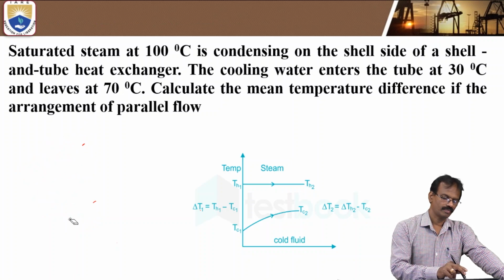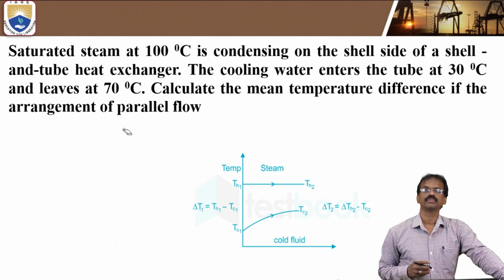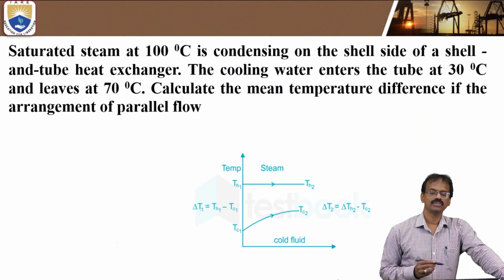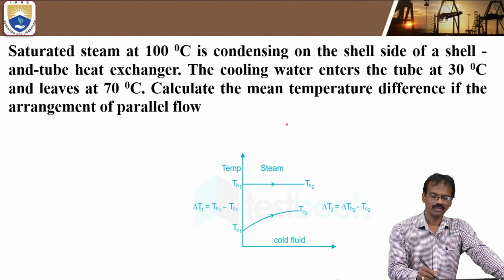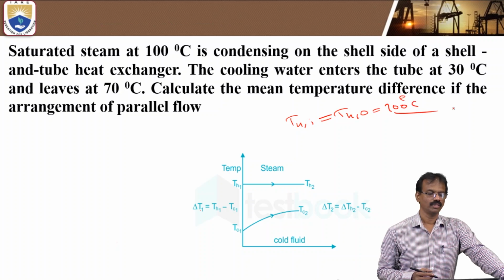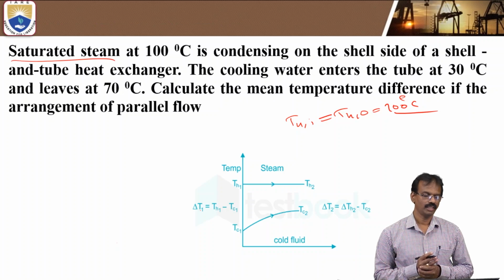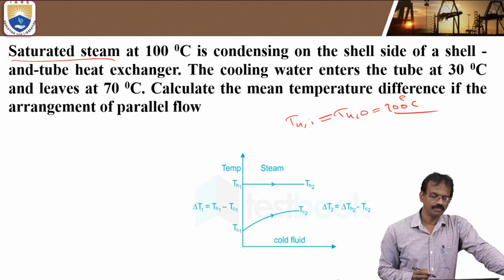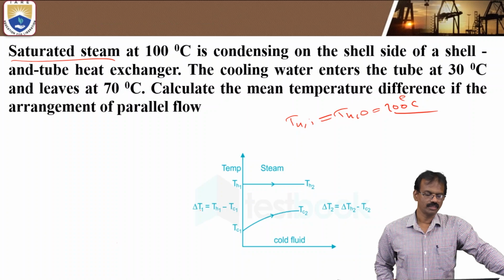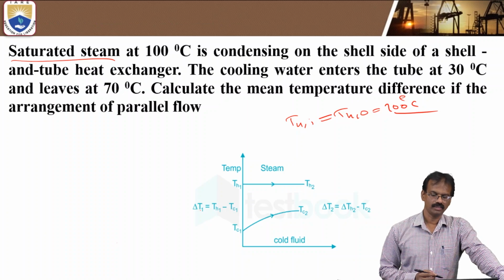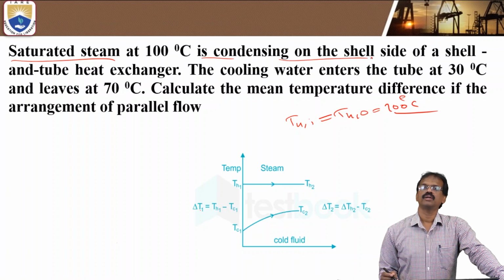First, saturated steam. Saturated steam means the hot fluid inlet and outlet temperatures are equal, that is 100 degrees Celsius. Saturation means inlet and outlet temperatures are equal. So saturated steam at 100 degrees Celsius is condensing on the shell side of a shell and tube heat exchanger.